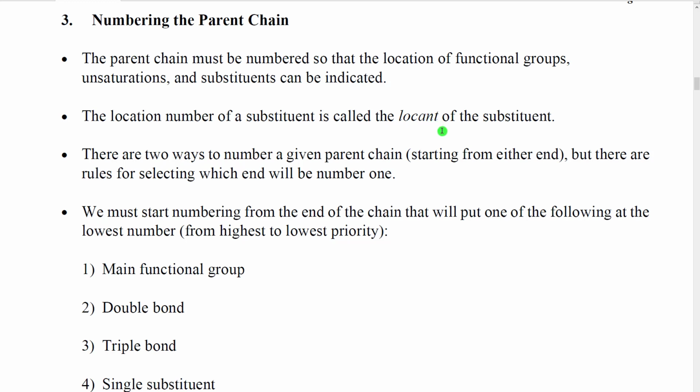That's the number on the chain. Now, numbering will always start from one or the other end of a chain. So that means there's always 2 ways to number a parent chain, in other words, starting from either end.